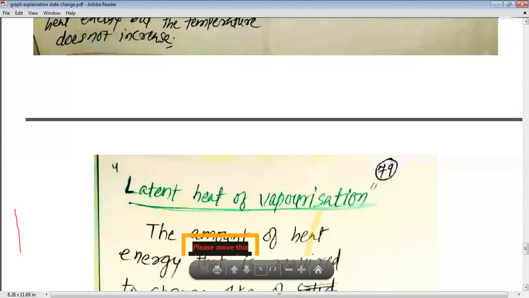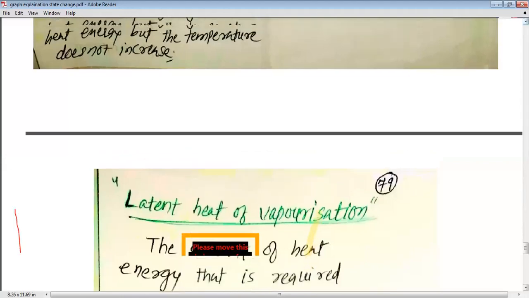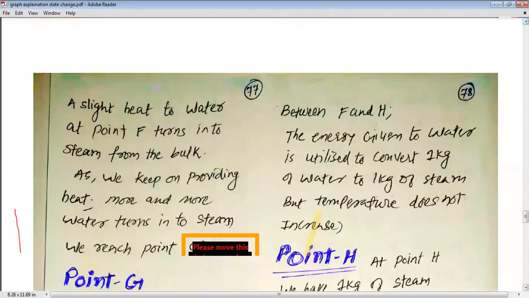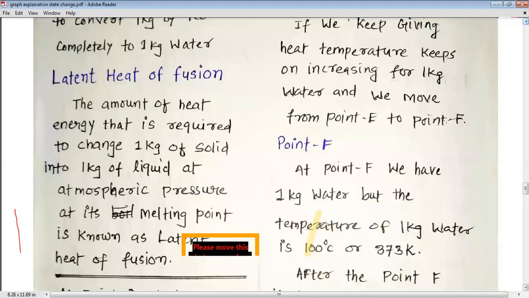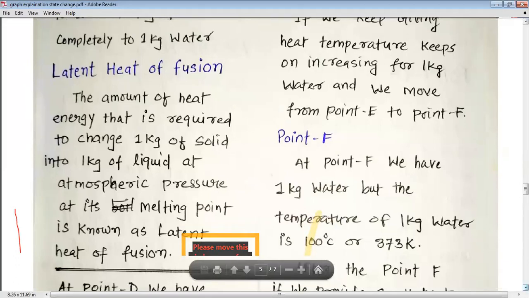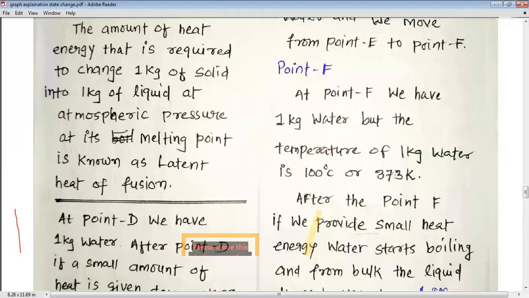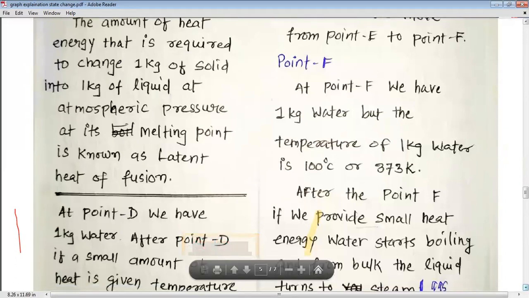Let us look at point F, my dear students, and understand it. At point F, we have 1 kilogram of water, but the temperature of the water is 100 degrees centigrade or 373 Kelvin.